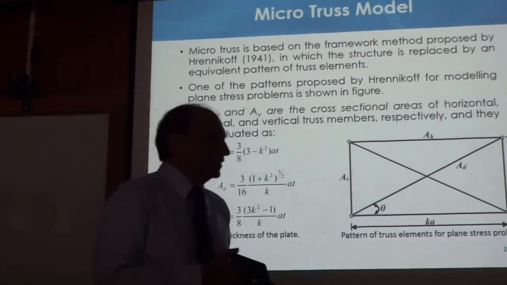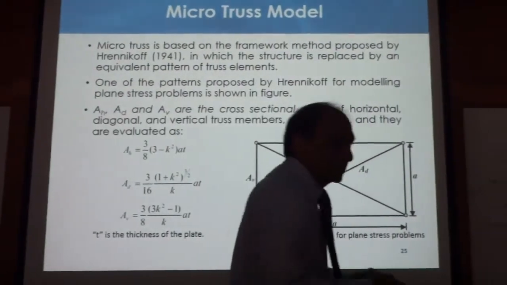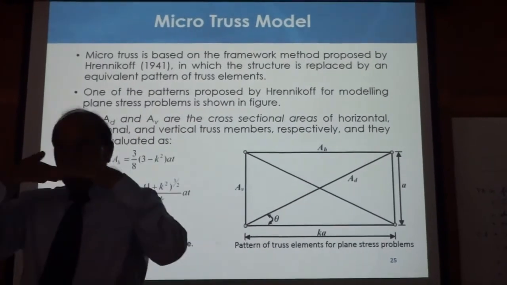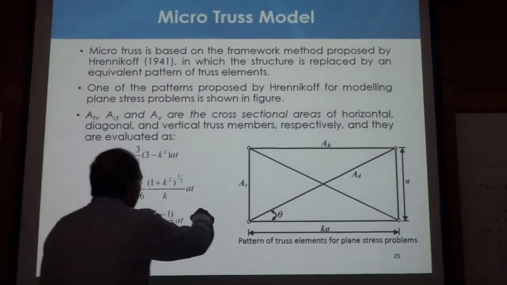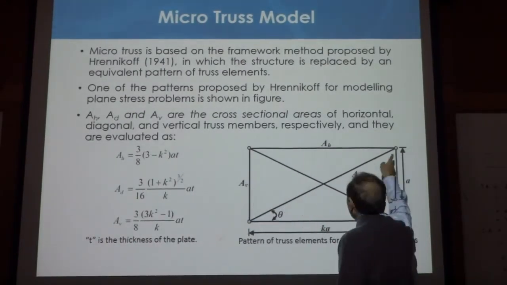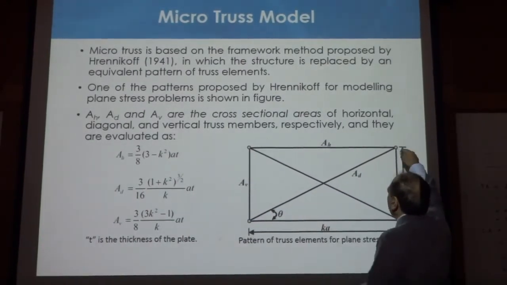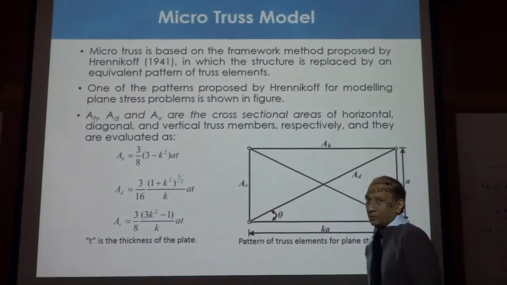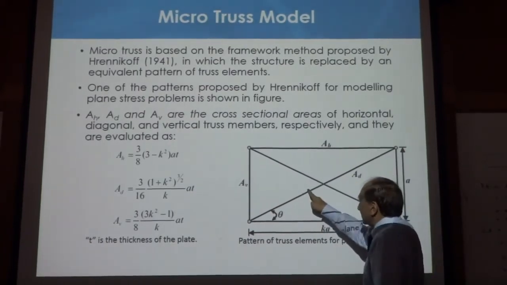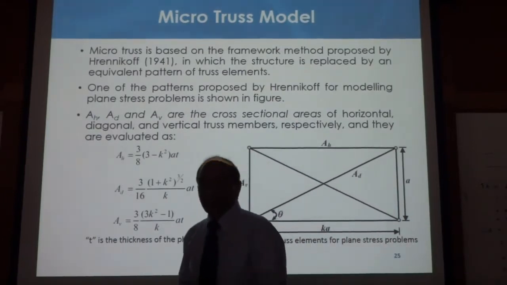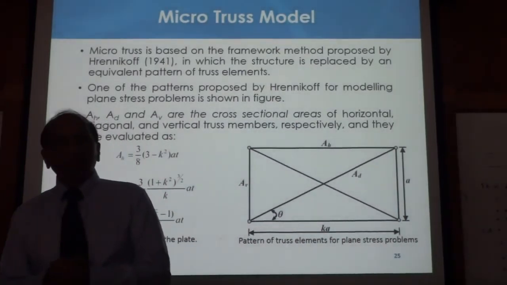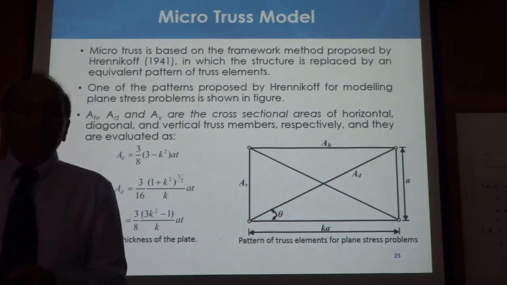So we can create this micro truss model of a continuum by putting hinges or pins at the corner and putting diagonals and say, okay, now I can find the forces between them. And if one of them is tension and I say tension concrete cannot take, then only one of them remains. Compression can only remain, right? We still use this idea in modeling of masonry walls.